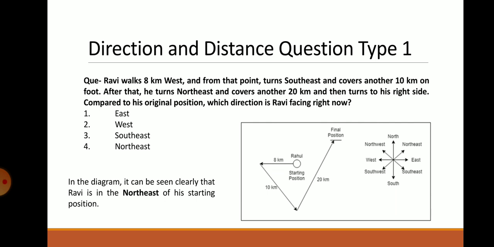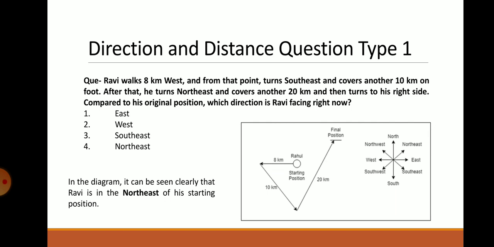Draw an arrow from the starting point towards the left, approximately 8 kilometer, then he turns towards southeast and covers 10 kilometer. Southeast means in between east and south you have moved 10 kilometer. Draw an inclined line of approximately 10 kilometer.